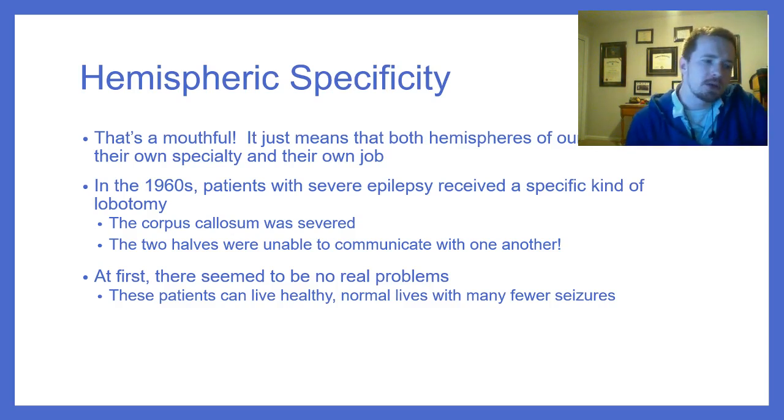But it turns out it didn't make as big an impact on their behavior as you might think. It didn't give them two separate personalities. It didn't give them two perceptions of the world or anything like that. So at first it didn't seem like there were any serious problems. It wasn't until several months and years later that people started noticing slight, strange oddities in the way that they perceived the world.